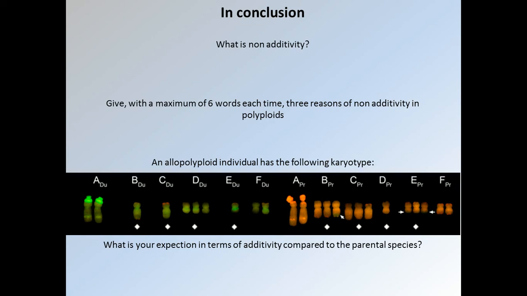Finally, here is a karyotype of one of the Brachypodium allopolyploid individuals, and I would like you to tell me what your expectation is in terms of additivity compared to the parental species. If you look at this karyotype, do you think you will have additivity or not? And if not, is it more transgressivity, homeolog bias, dominance? Good luck.